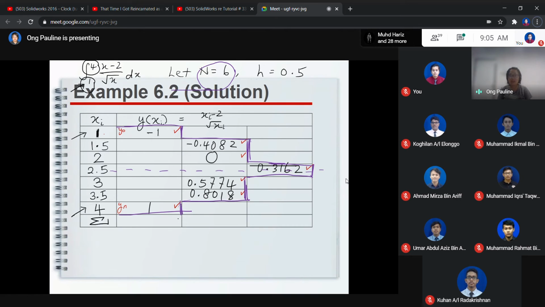Then kita masukkan dalam rumus Simpson's 3/8. Okay, so kita sum up each column. You get a 0.971 here, and here you get a 0.3162 here.